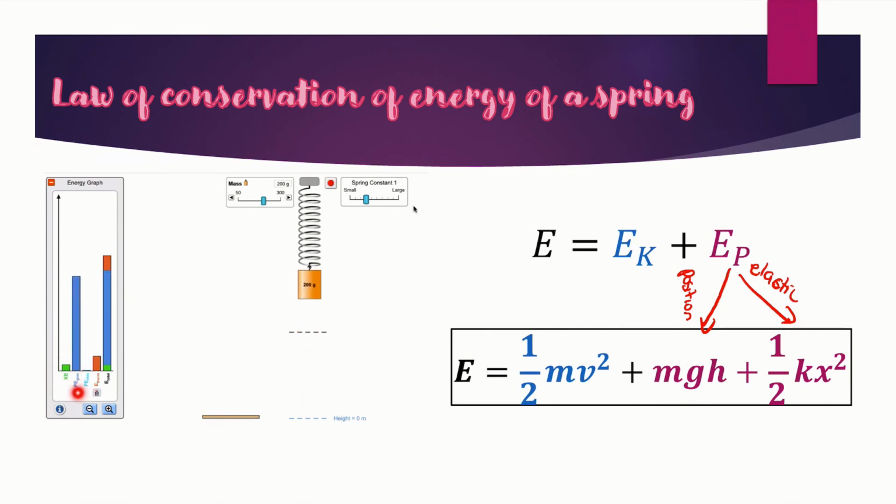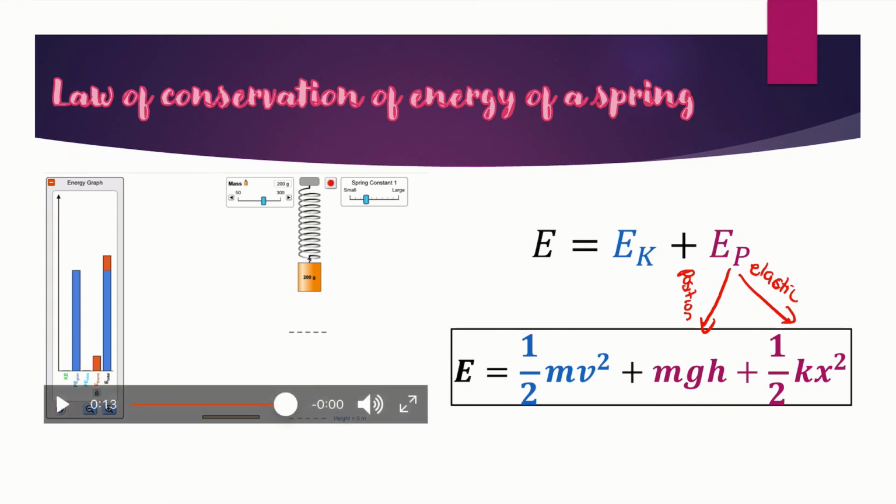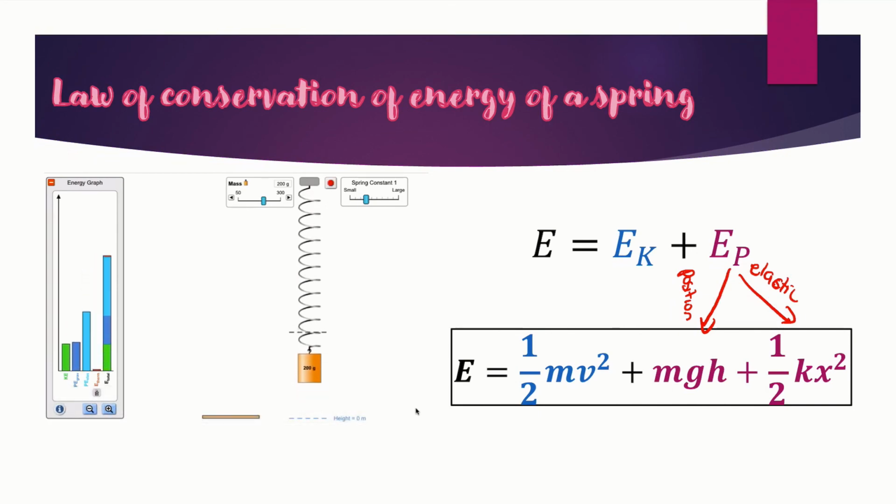In this case, we have a third type of energy, which is the elastic. If you see in the graph, it is the clear blue. So look how it changes. And the sum of these three is the total energy.